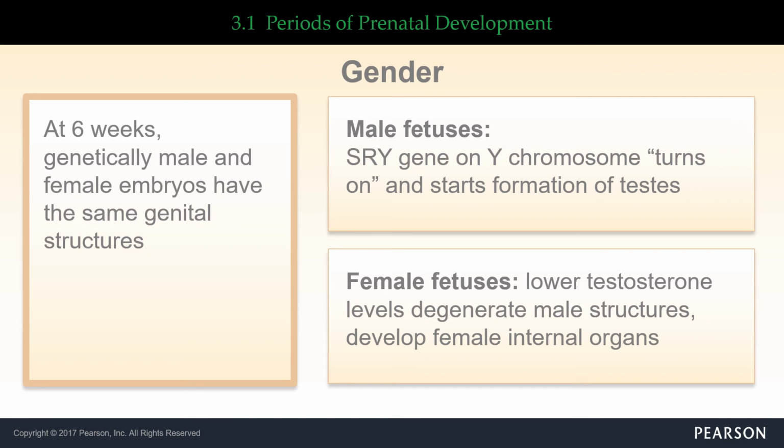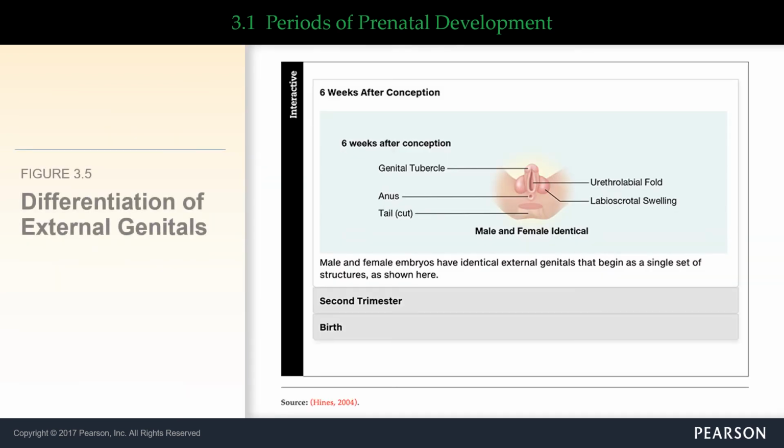Female fetuses have lower testosterone levels, and so they degenerate the male structures and develop female internal organs. And so here's a picture of 6 weeks, and you can see the male and females are identical.